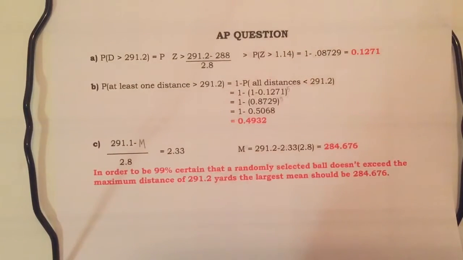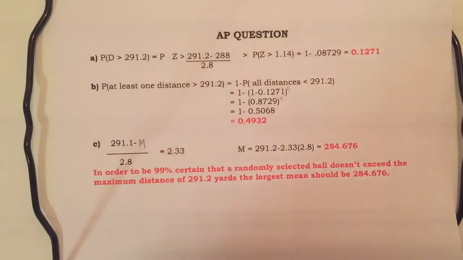For Part B, we're going to take 1 minus (1 minus 0.1271) multiplied by itself 5 times. We got the 0.1271 from what we did in Part A.